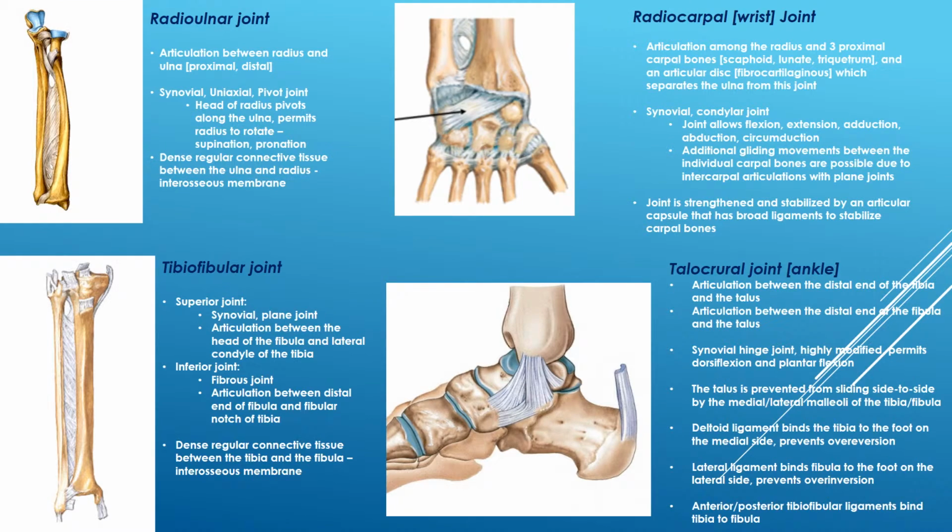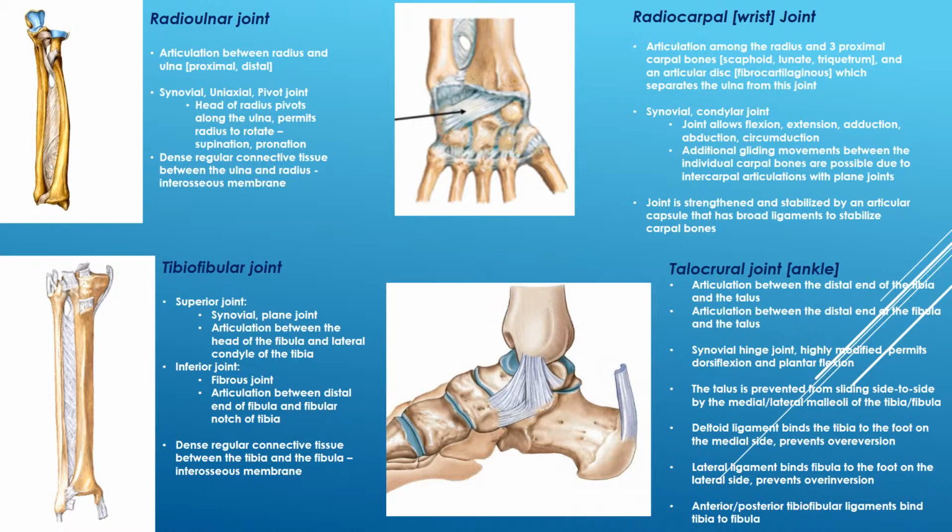The major difference between the radioulnar and the tibiofibular joint is that the former is a pivot joint, whereas the latter is a plane joint at the proximal end and a fibrous joint at the distal end. The obvious similarity is that there's an interosseous membrane between both bones in both cases.